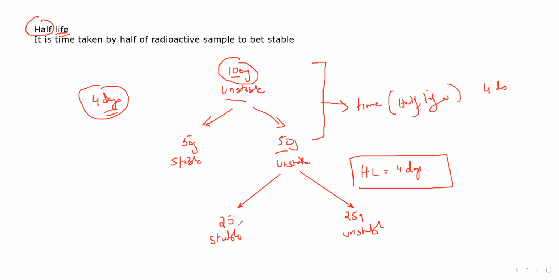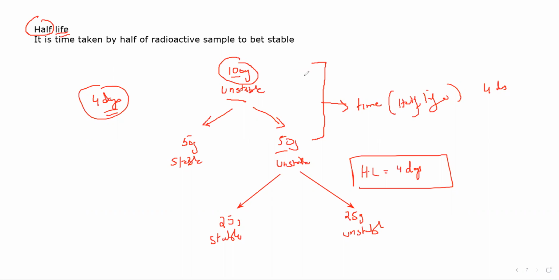So half-life does not depend on the amount of the material. It only depends on the type of element you are using, whether the element is very unstable or stable. So it depends on the stability or instability of the element.